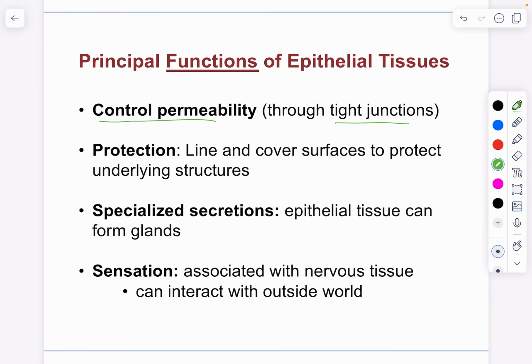I'll go on to show you that epithelial tissue can also form specialized secretions, and they do this by forming glands. And then lastly, epithelial tissue is associated with nervous tissue, so there's nerves that'll be present, and this is so that we can interact with the outside world, meaning we have sensation. Like if you think about our skin, we have sensation with the outside world, and this is necessary.